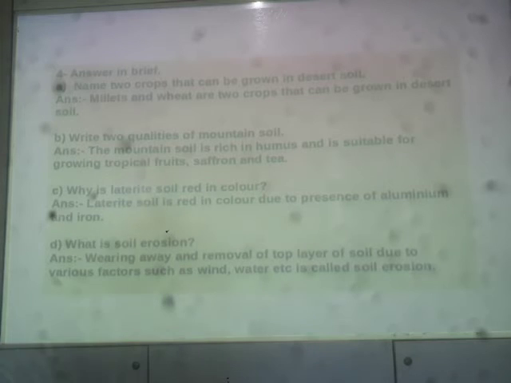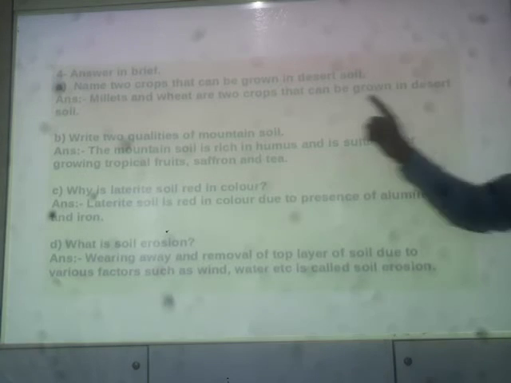Okay, so these are the two qualities of mountain soil. If two qualities are required, you can write this.